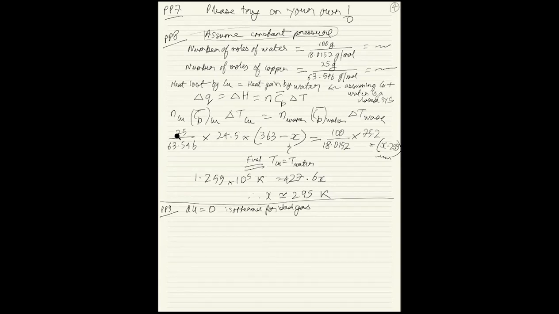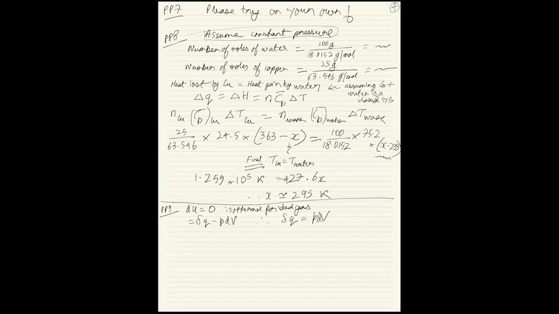It's an ideal gas, therefore dU is equal to 0. What does dU mean? This means delta Q minus PdV is equal to 0. Therefore, delta Q is equal to PdV.